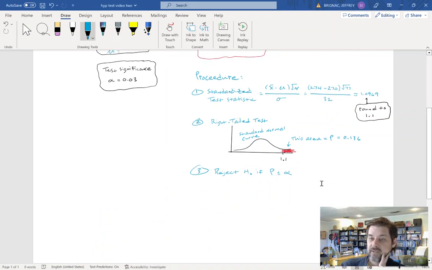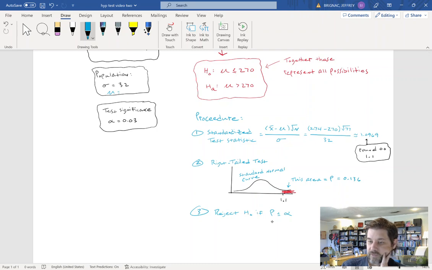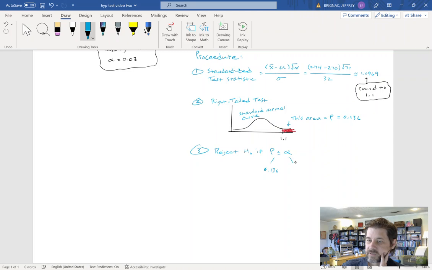I would reject the null hypothesis if P, which I found to be 0.136, was less than alpha, which is 0.03. But 0.136 is not less than 0.03. So I do not reject. Okay, so do not reject.